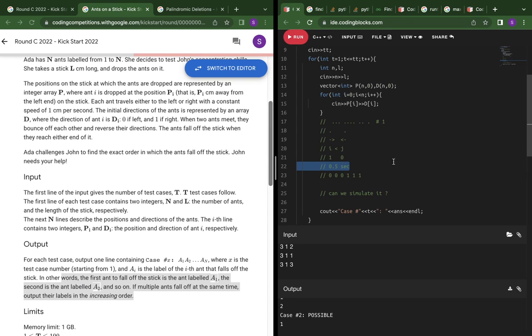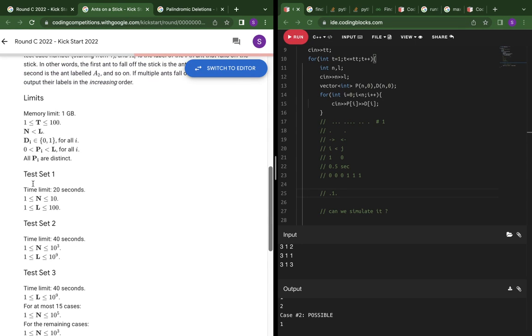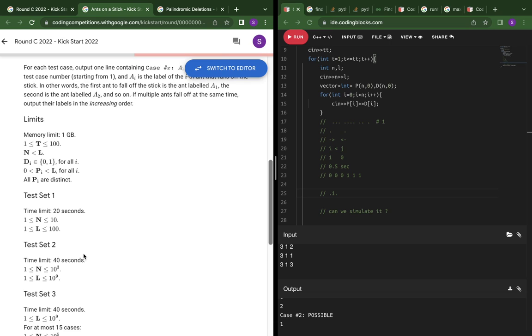Pi is an integer, and since the minimum distance they can have is 1 between them, and if both of them are going towards each other, then the minimum time in which one would bounce will be 0.5 seconds. And I think we can solve test set 1 for sure with that simulation, I guess.